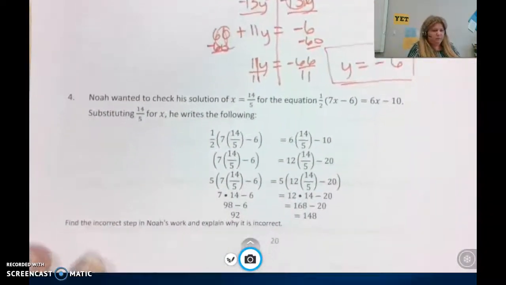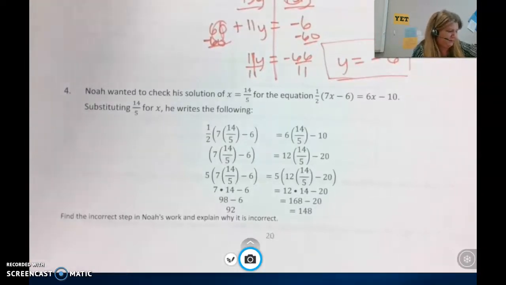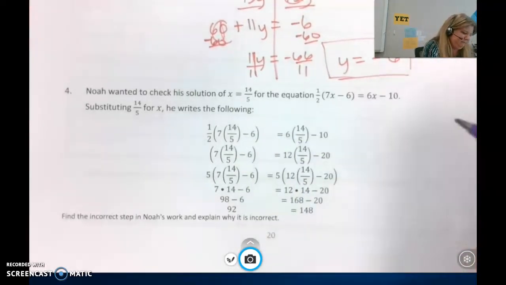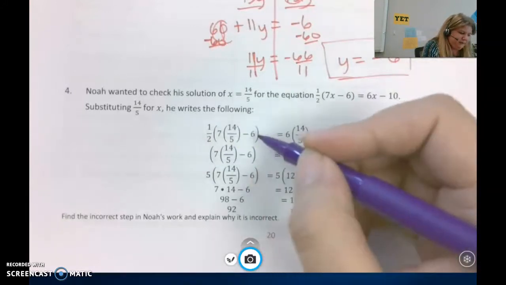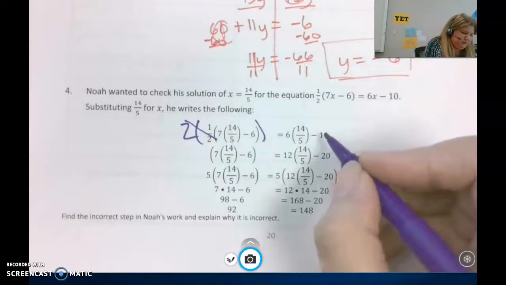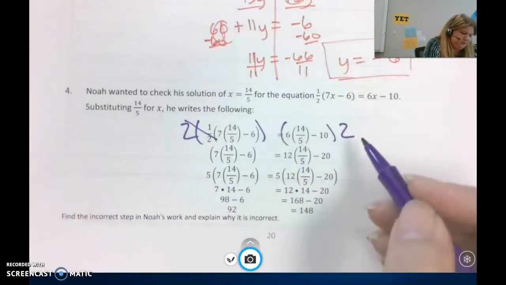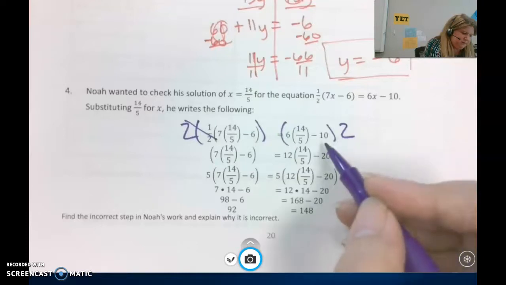Okay. Now here's Noah. It looks like he's trying to check his work, and he writes that. And then he made a mistake. So let's see if we can locate his mistake. Maybe he's dividing by half or multiplying by 2. If we multiply this by 2, that would be 12 and 20.